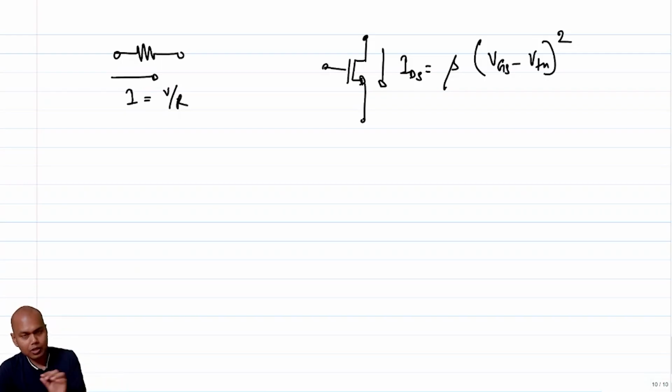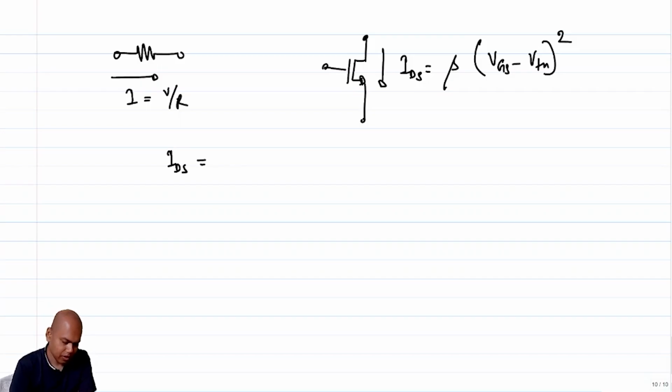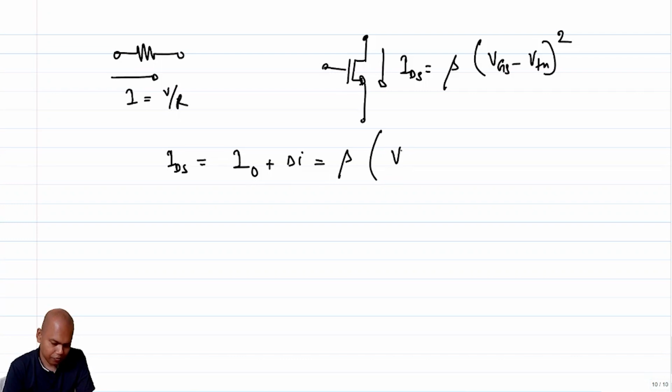If input is applied alongside VGS, again, not necessarily, you always apply input with VGS. You have so many configurations. So if input is applied alongside VGS, then your IDS is essentially I naught plus delta I, where delta I is the effective signal information, equals beta times VGS naught plus delta Vi minus threshold voltage whole squared.